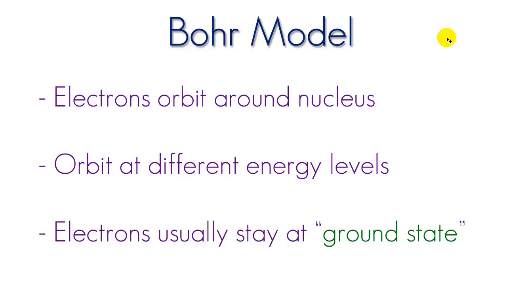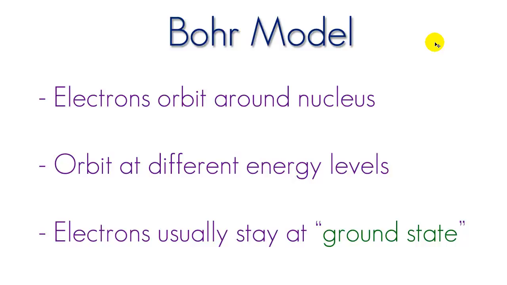So the Bohr model pretty much says three main things. First, the electrons orbit a lot around the nucleus. If you think of planets orbiting around the sun, it's the exact same idea. Also, they only orbit at specific distances, and he called these distances energy levels or energy shells.